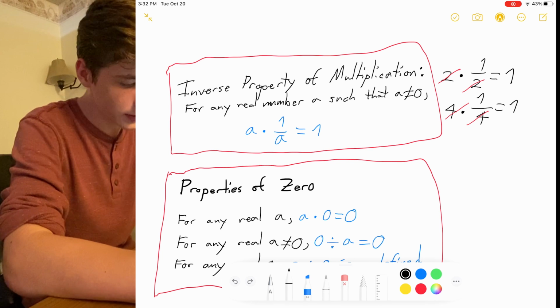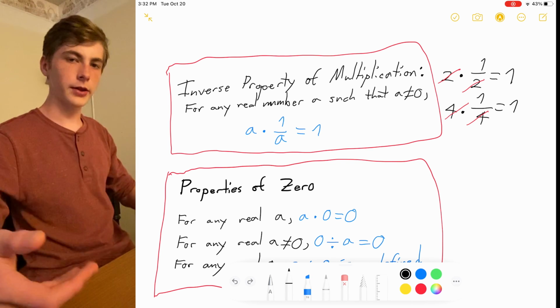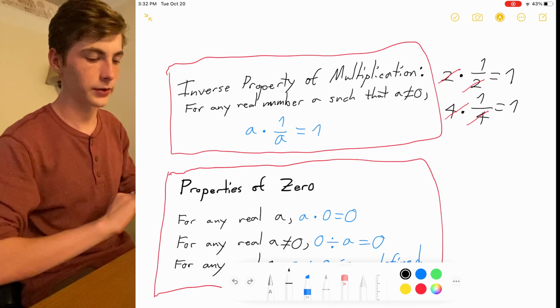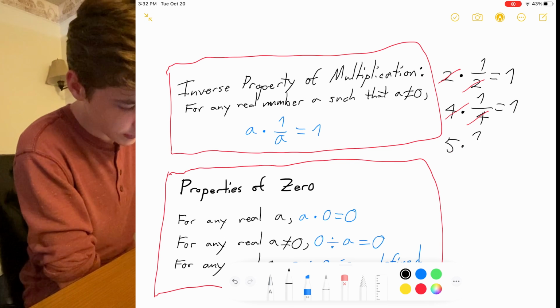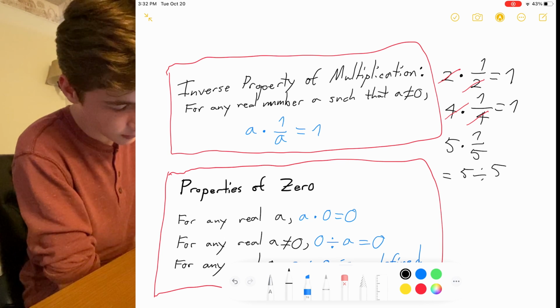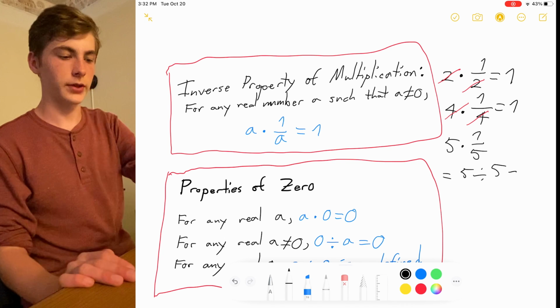It's basically like you're saying, how many times does 4 go into 4? Because remember, multiplying by the reciprocal is the same as dividing, or dividing is the same as multiplying by the reciprocal. So 5 times 1 over 5 is exactly the same as saying 5 divided by 5. How many times does 5 go into 5? Well, that's going to be 1.